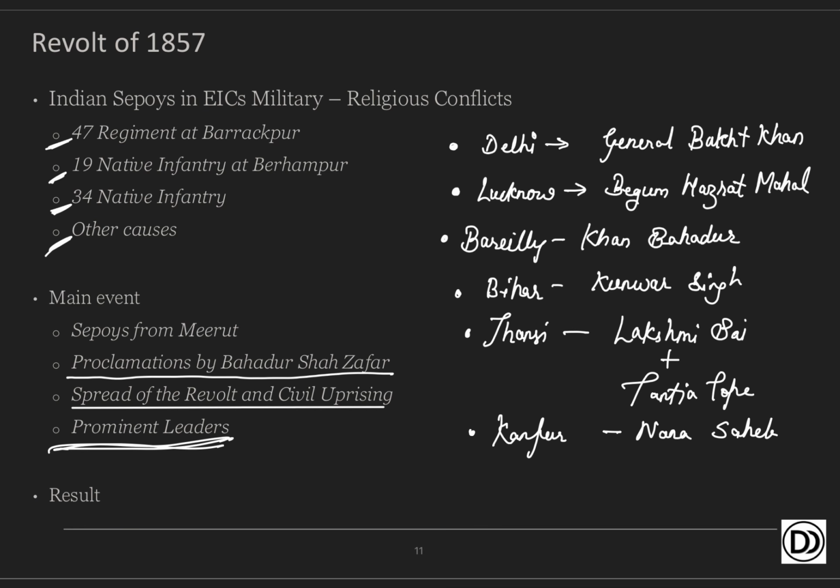So the kings, such as Sindhia of Gwalior, Holkar of Indore, rulers of Patiala, Sindh, Sikh chiefs, and the Maharaja of Kashmir also didn't participate. So as a result, the revolt was suppressed by the British. Because you see, there were many kings and big zamindars who were not a part.